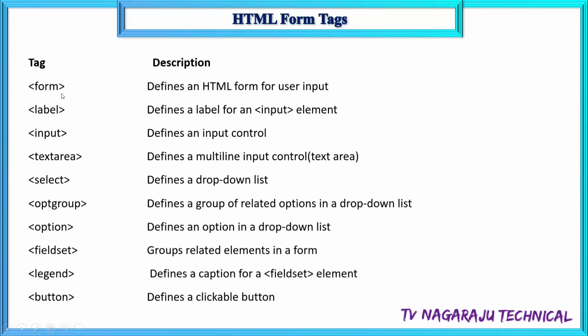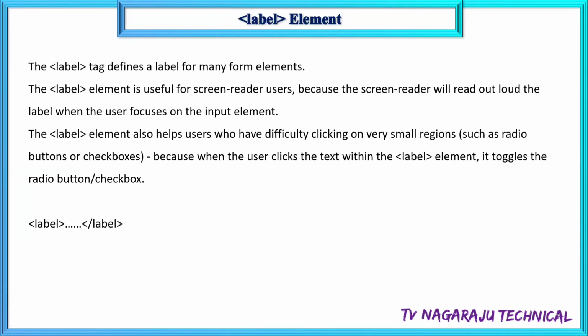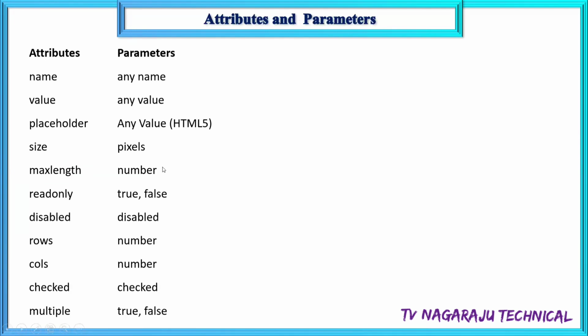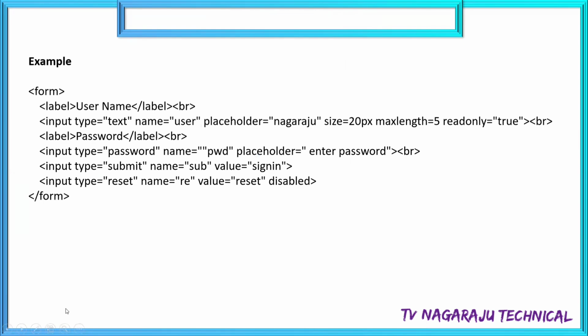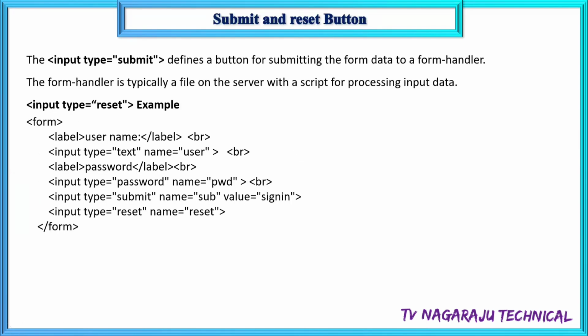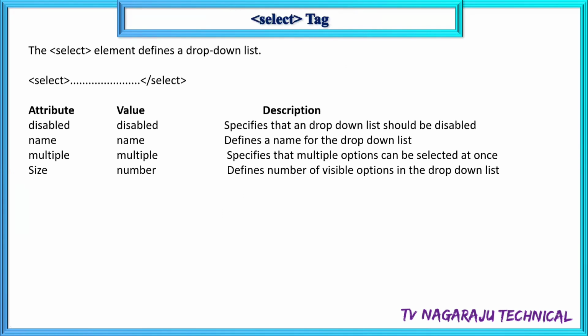Label, input, text area, up to text area is completed. You know the purpose of label and the different types of inputs. All the attributes except multiple are covered. The multiple attribute is covered under the select tag. Text fields, radio buttons, checkbox, submit, reset, text area. From the next session, we are moving into the select tag.